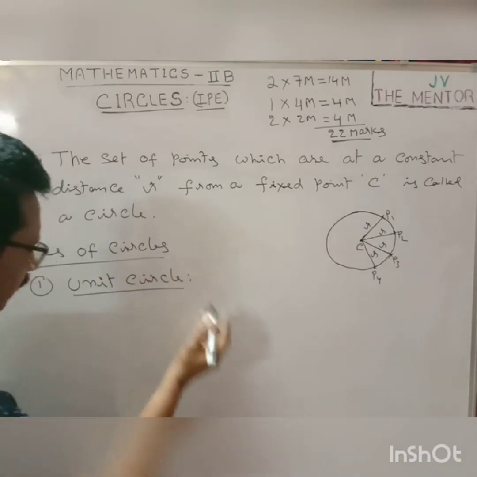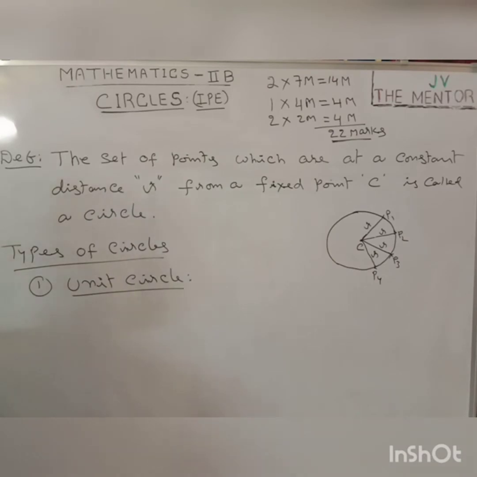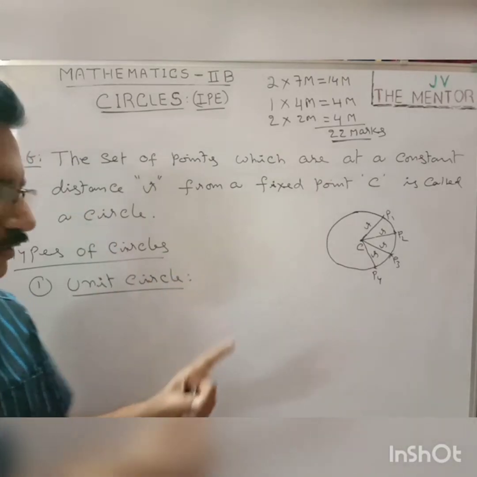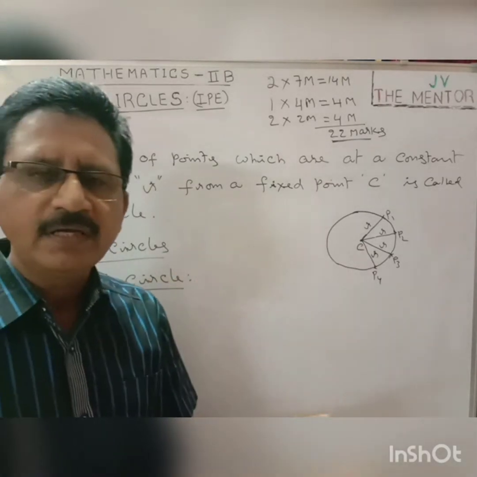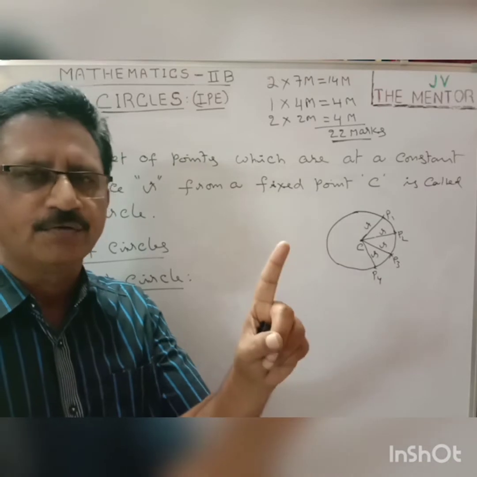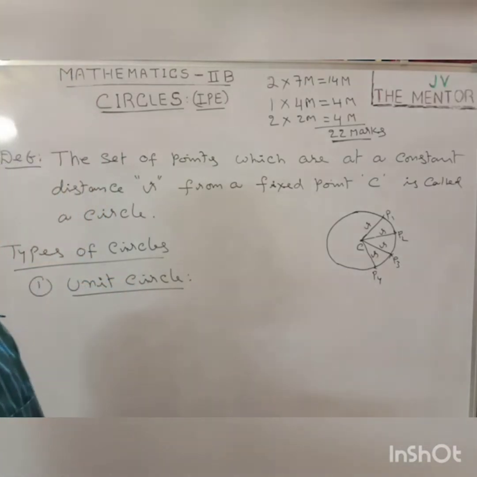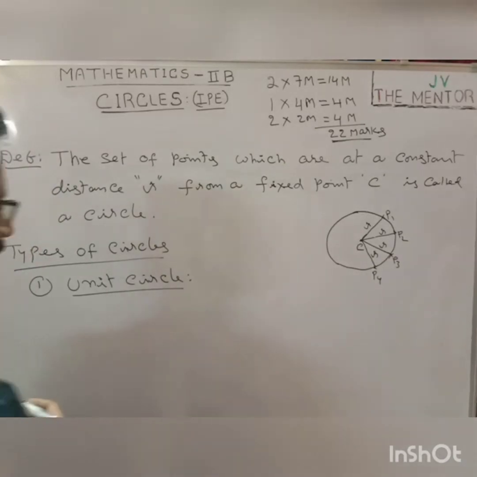A circle having radius 1 unit is called a unit circle. A circle is said to be a unit circle if the radius is 1.